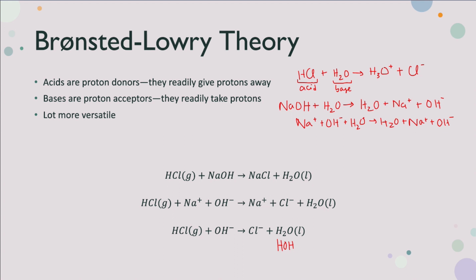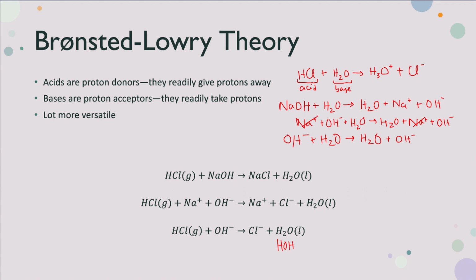This isn't quite how we would figure out which is an acid and which is a base, but just to demonstrate, I'm going to only cancel out the sodium on either side and leave the hydroxide and the H2O alone. So we essentially have OH minus plus H2O going to H2O plus OH minus.